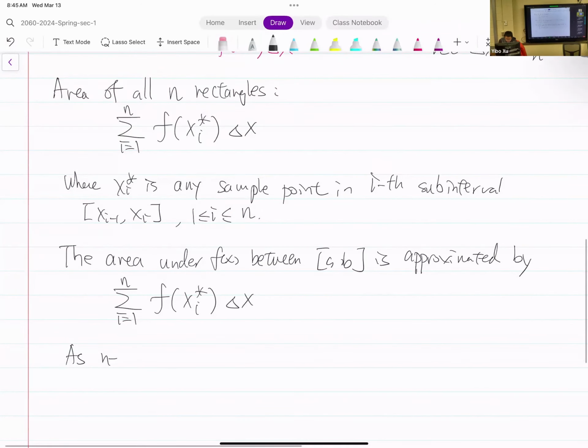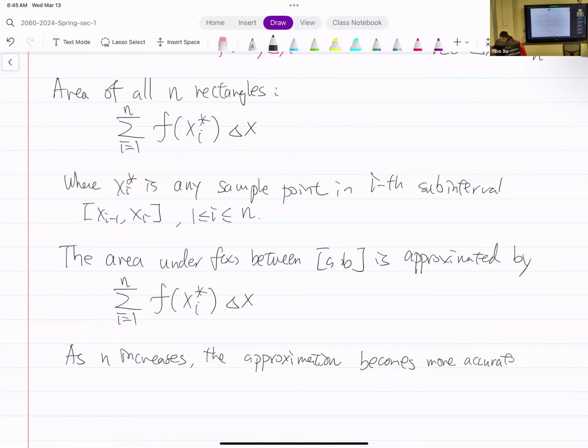As n increases, the approximation becomes more accurate. And then we take the limit where n goes to infinity. And the definition of the definite integral.